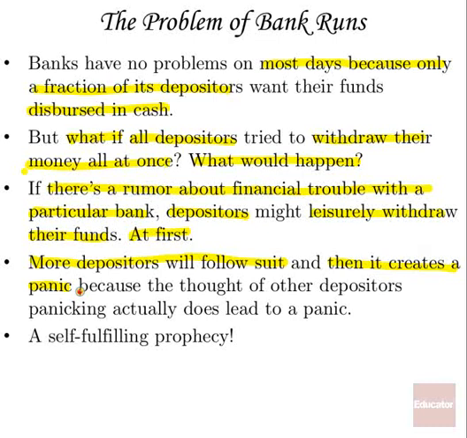John is a very rational guy, and so is Leo, and so is Yong and Ed and Alan, and they're all withdrawing money from the bank. Then it's going to create a panic, because the thought of other depositors panicking will actually lead to a panic. So you have what's called a self-fulfilling prophecy.